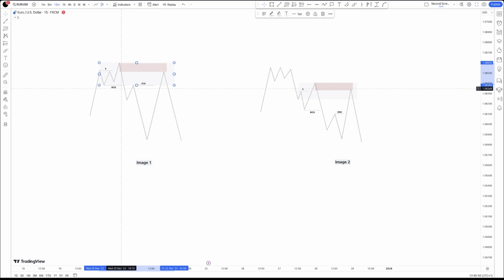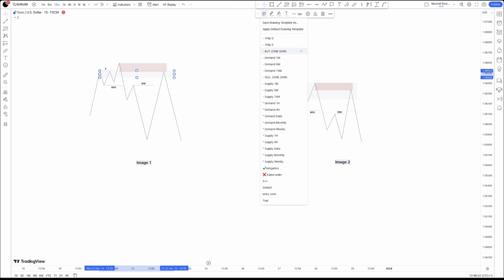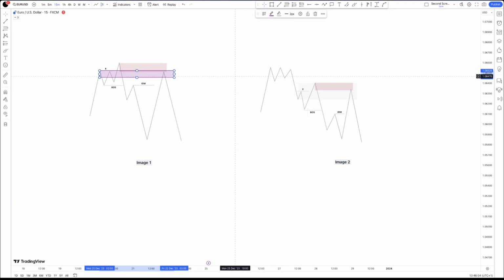Now some people might want to do something like this, which is where you hear the, is it QMO, something like that. This becomes their QMO. I think I should just give you an example of that. This becomes a QMO or QM, something like that, which a lot of people talk about. I don't trade that concept, but this is where that concept comes in. So it's very, very important to know how POI and order block work.